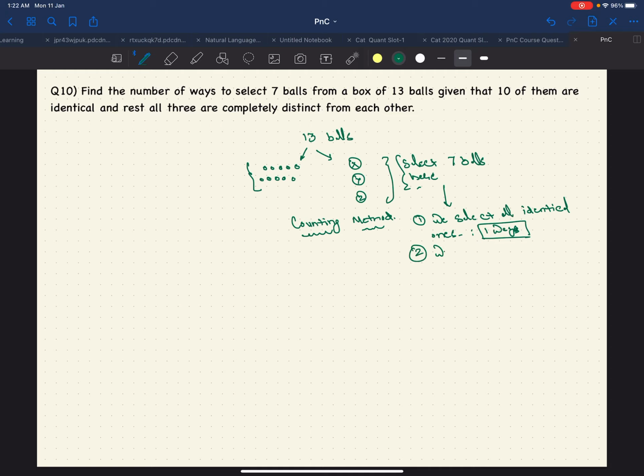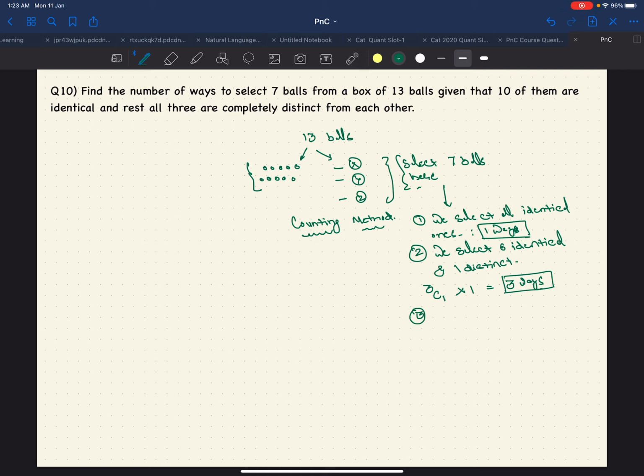Next, we select 6 identical and 1 distinct. Now there are three distinct balls, X, Y and Z. So one distinct can be selected in 3C1 ways and the rest 6 will automatically be selected in one way, because we can select any 6 of these 10 identical balls, we'll always get the same result. So total there are 3 ways here.